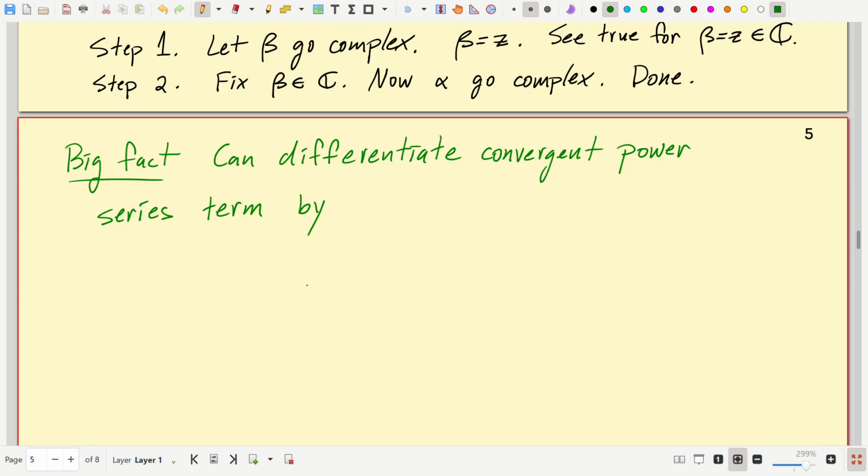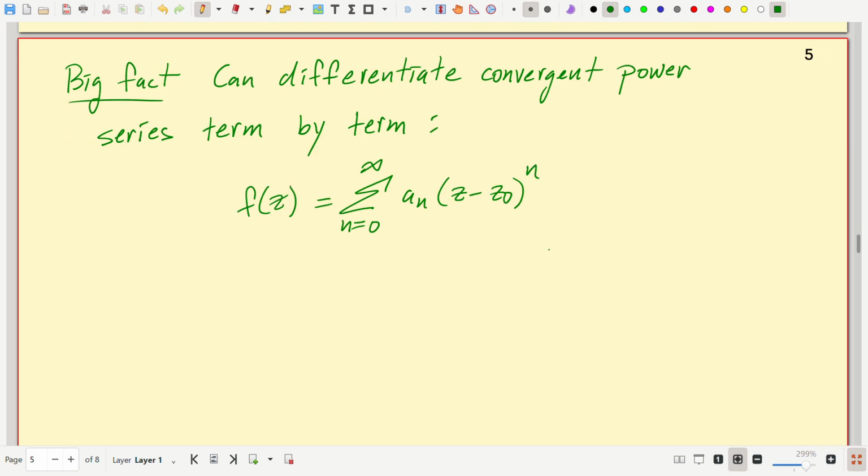Let's see, so I'll make term by term, which means I'll have f of z being equal to a power series, sum of a_n (z minus z naught) to the n. And f prime of z would be a different power series.